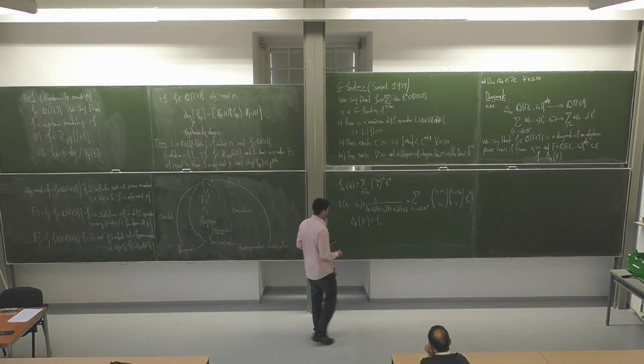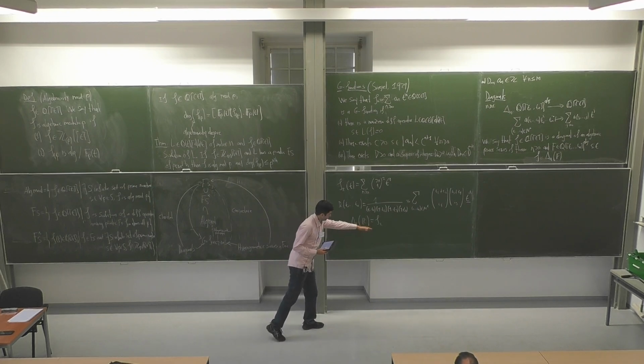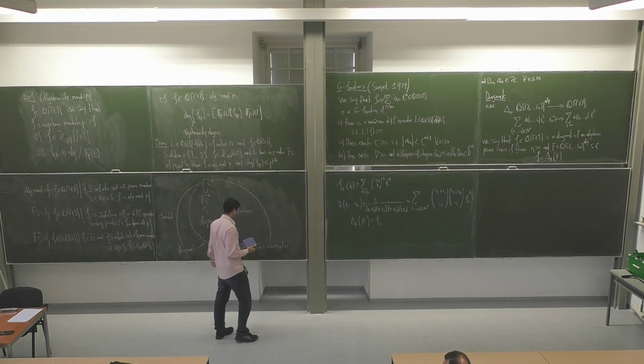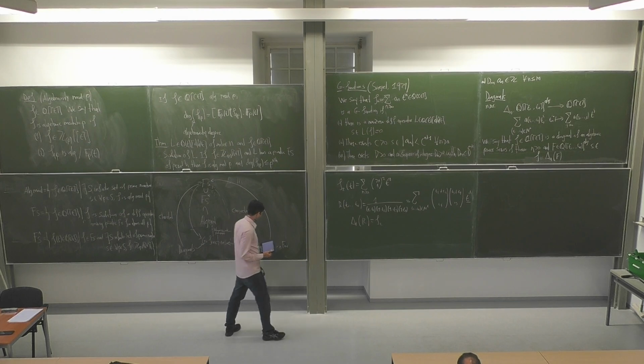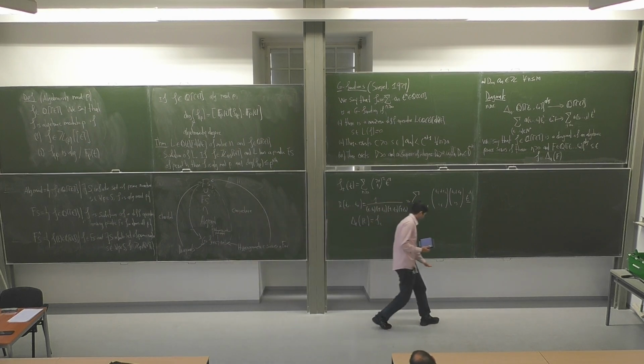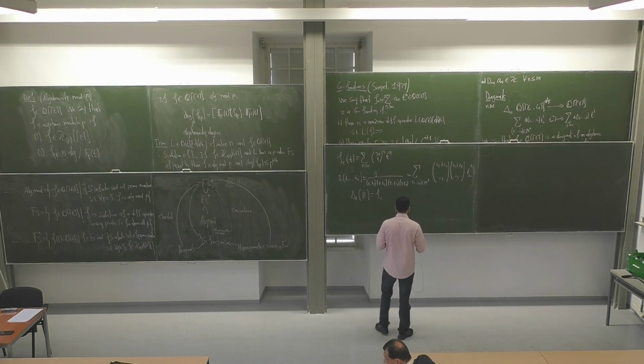Okay, so here is another example. This example is important because here we had an example of a hypergeometric series which is a diagonal, and now we are going to give you an example of a diagonal which is not a hypergeometric series.